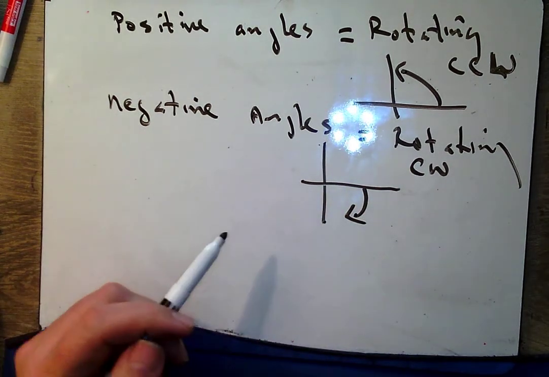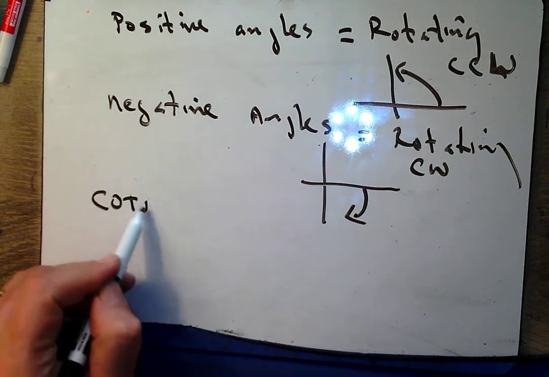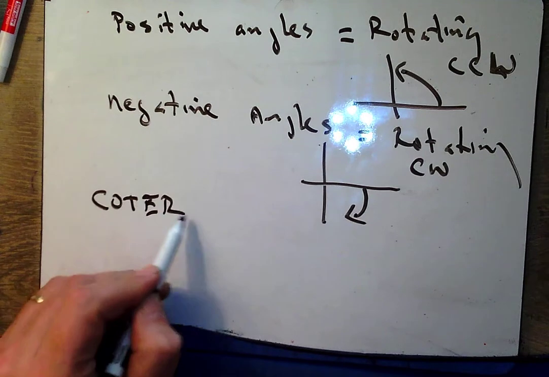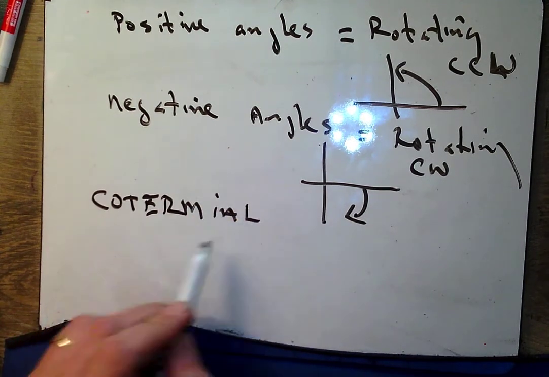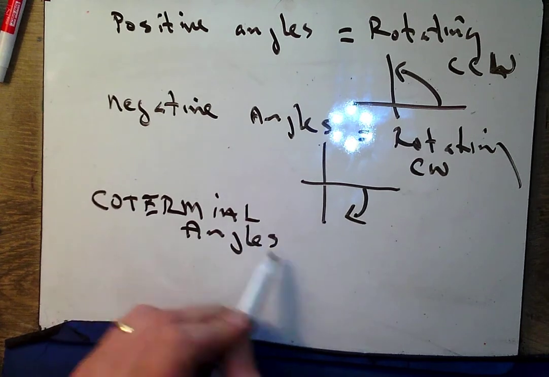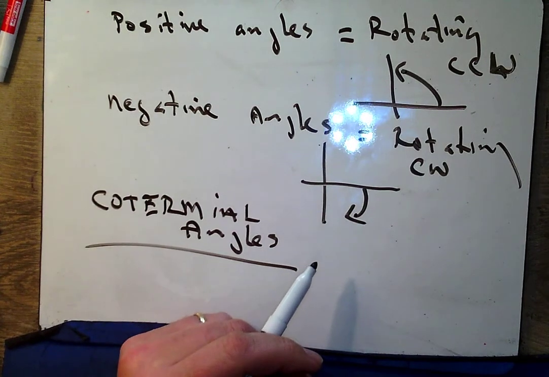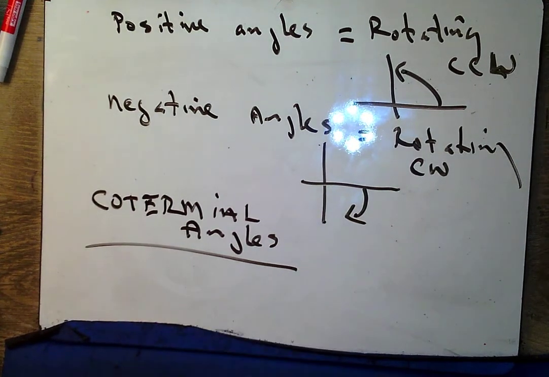The thing I had sort of skipped by, and for a lot of years I thought, who cares about this? It turns out that it's terribly helpful to know coterminal angles, especially when we get into solving trig equations in chapter 5.